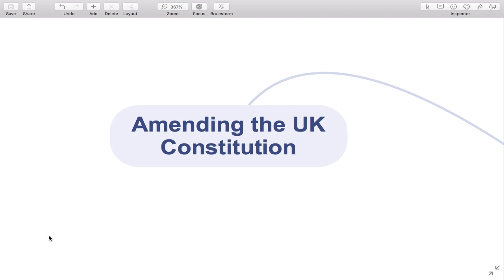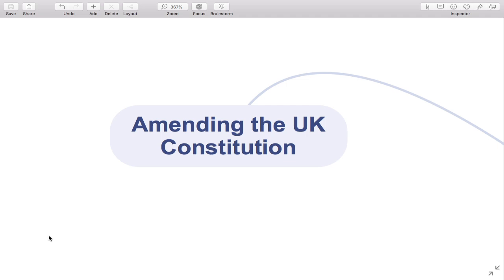You should not get this confused with the idea of a constitution being unwritten. The UK Constitution isn't necessarily unwritten. Plenty of parts of the UK Constitution are written down. It is just that they are not all written down in a single place, in a single document. They are not codified. Other constitutions of this nature include New Zealand and Israel, but for the most part, this is quite a rare system of constitutional law.